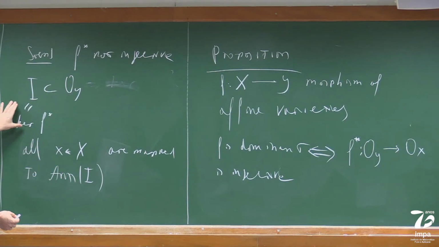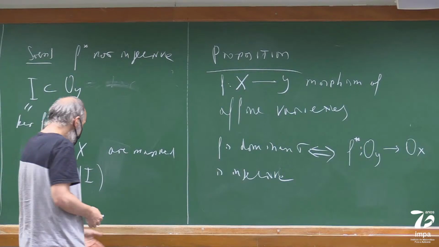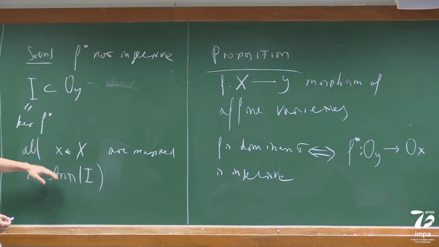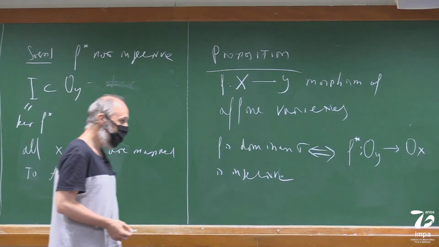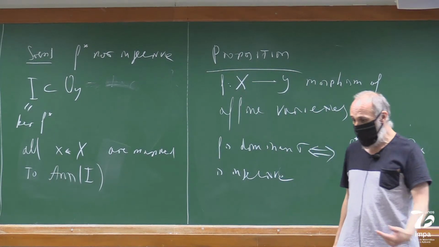So any function which belongs to I would vanish in the image of x, because it's the kernel of f star. Which implies that your map takes x to this common zero set of I. So it's really a tautology, but somehow it takes some effort to access.